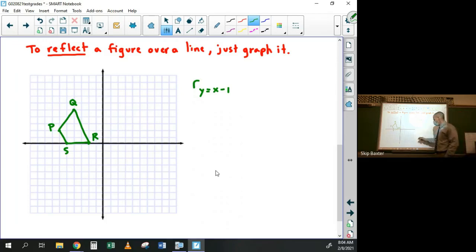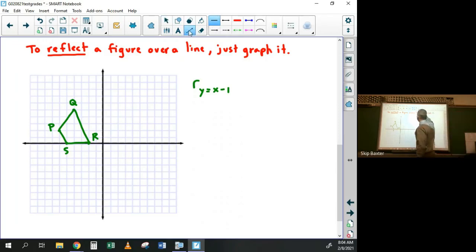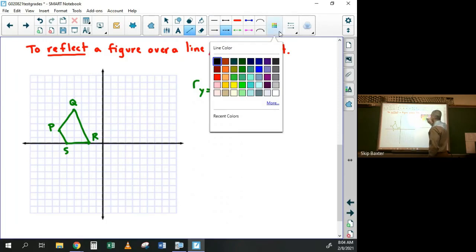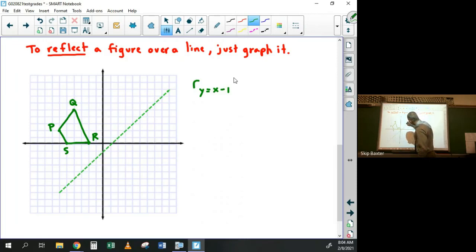Well, that's the line that has slope 1 and y-intercept negative 1, right? So it's going to be like this line. I'll do it as a dotted line. It's going to be this line right here, right? So this is the line y equals x minus 1.